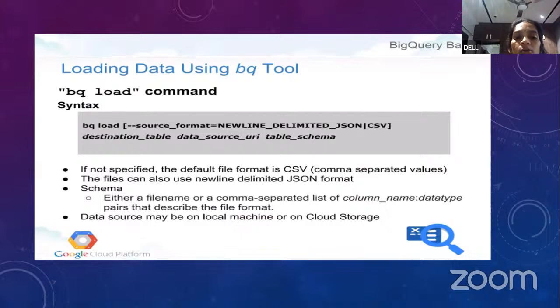The files can also use newline delimited JSON format, and the data source may be a local machine or cloud storage. Anyway, we can load the data into BigQuery. Before we load, there are some steps we can follow, and then we can use BigQuery.